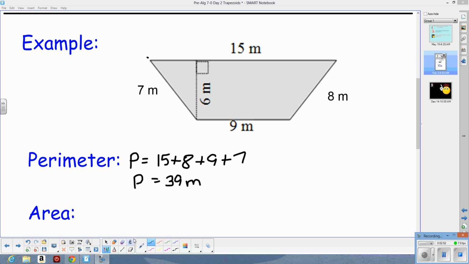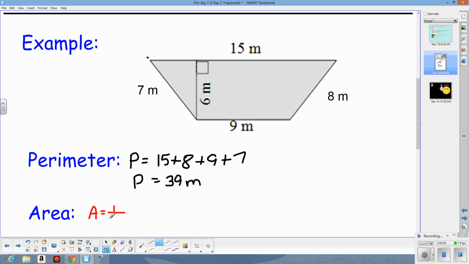Now to find the area, let's go ahead and write down our formula. Area is equal to 1/2 times the height times the sum of the bases, so b1 plus b2.